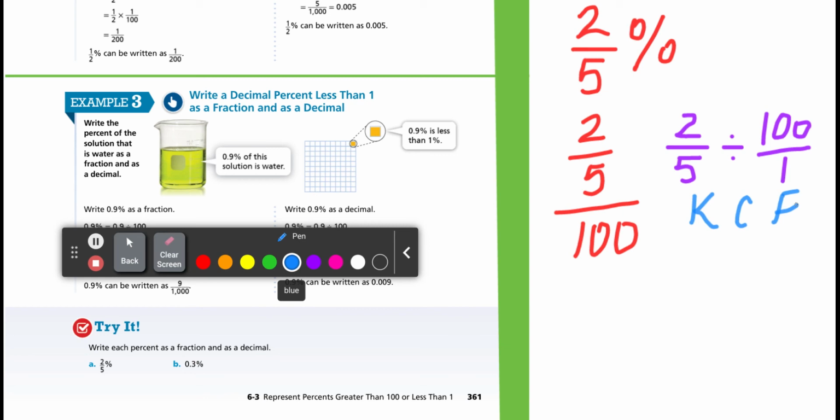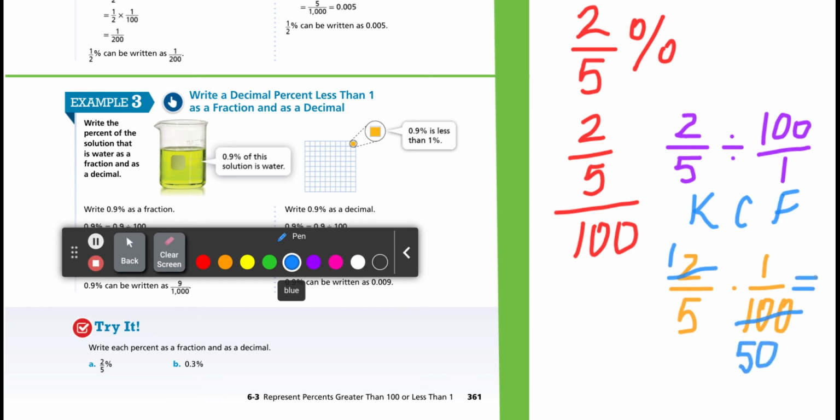Let's see what you get. 2/5 times 1 over 100. Can we simplify before multiplying here? Look on the diagonal. 2 and 100, can they both be simplified by the same thing? Yes, they can. 2 and 100 can both be divided by 2. 2 divided by 2 is 1. 100 divided by 2 is 50.